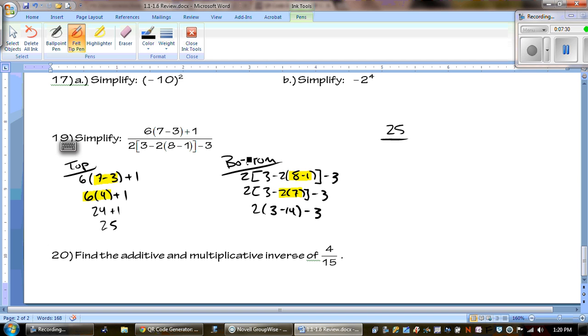Inside the parentheses now we have subtraction. 3 minus 14, which would be -11. Okay, and then we would multiply. 2 times -11 is -22. And then -22 minus 3 would be -25. So that's the answer to the bottom. And then we would want to reduce that. 25 divided by -25 would give us a -1.